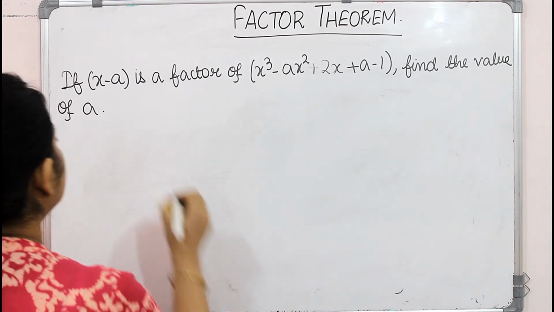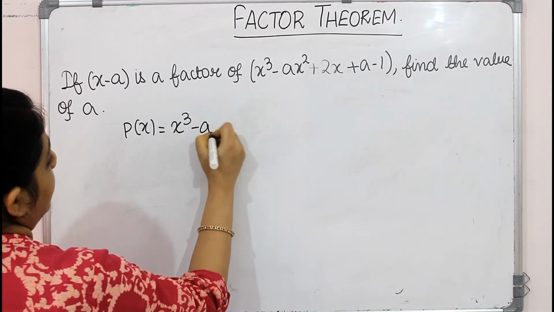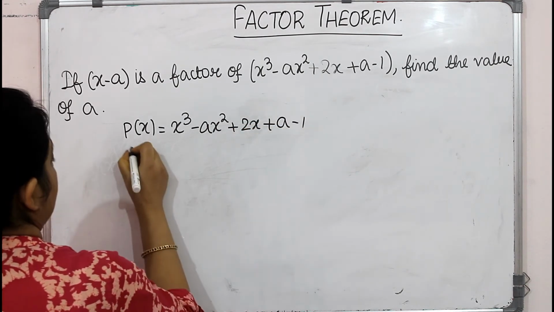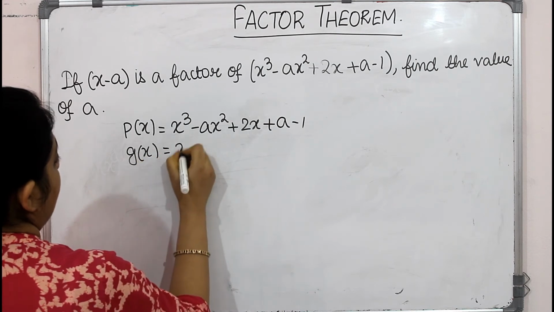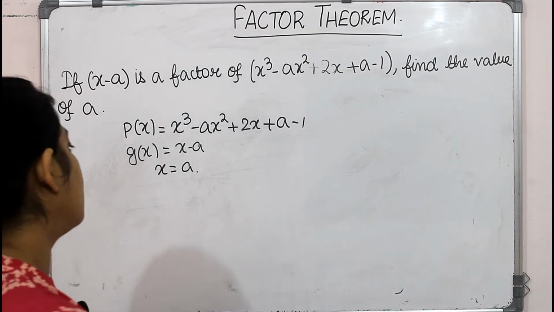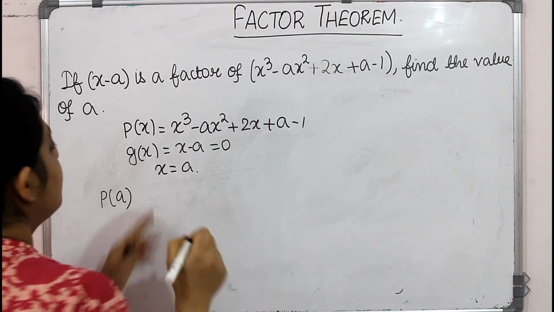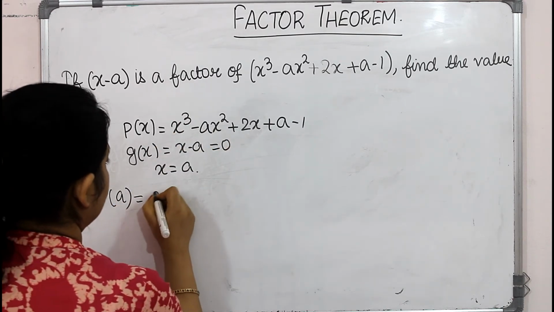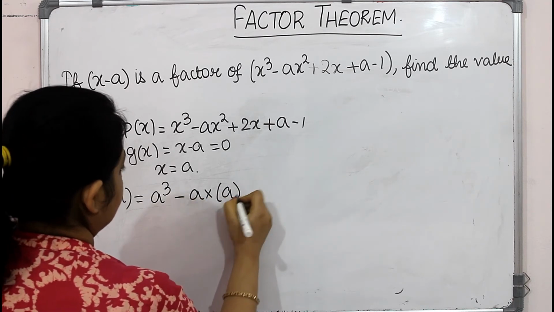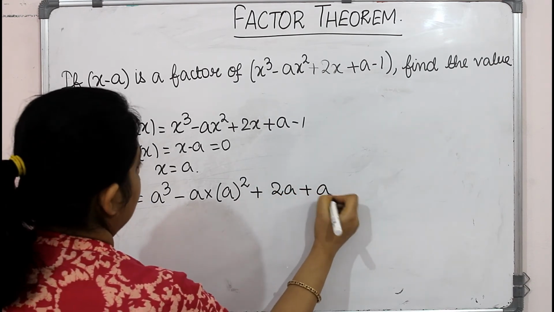So p(x) is equal to x cube minus ax square plus twice x plus a minus 1, and g(x) equals x minus a. So x equals a. So p(a) will be what? Just replace the value of x with a. So this will be a cube minus a into a square plus 2a plus a minus 1.